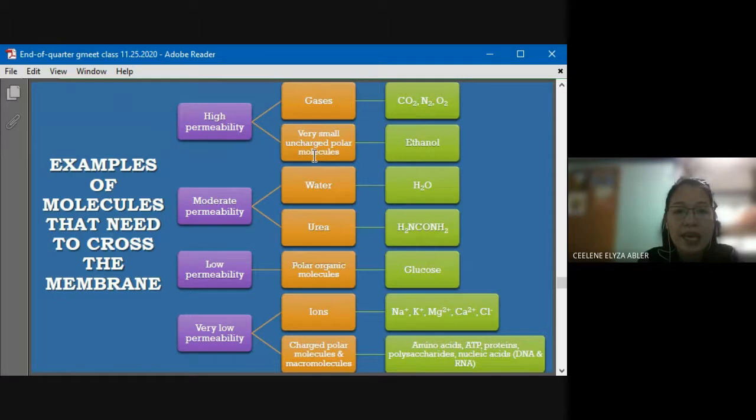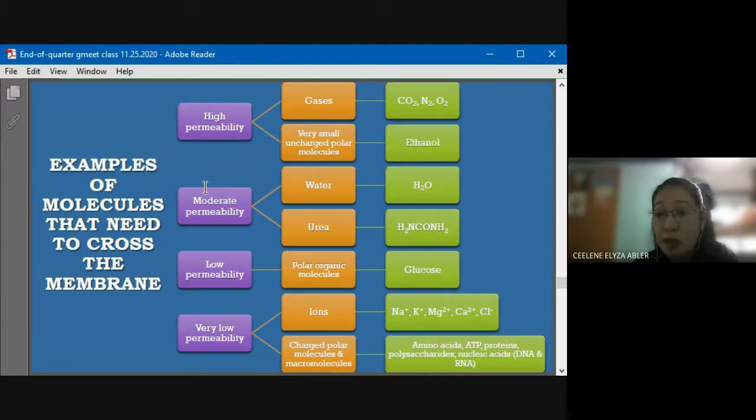Another thing is we have the ones that are moderately permeable. Moderately permeable substances are usually water or urea. Water uses facilitated diffusion, a passive transport.